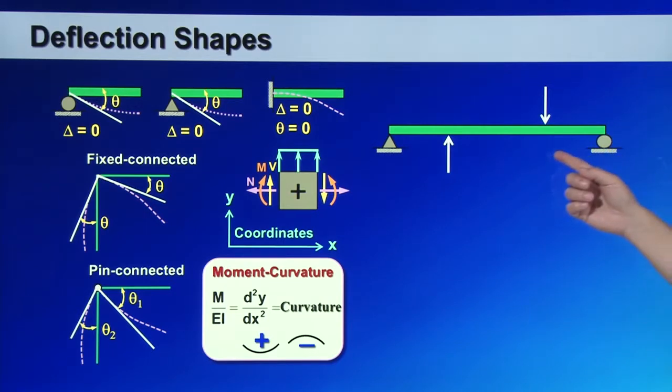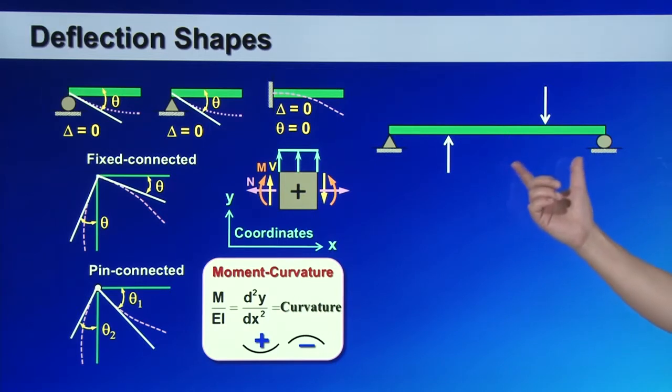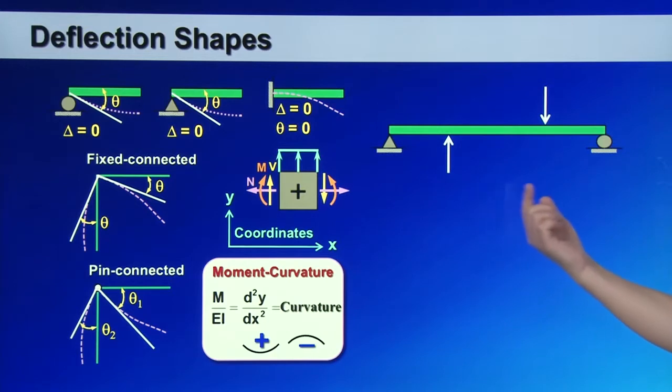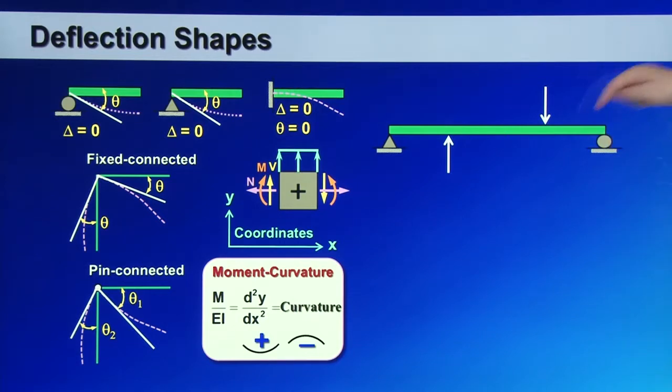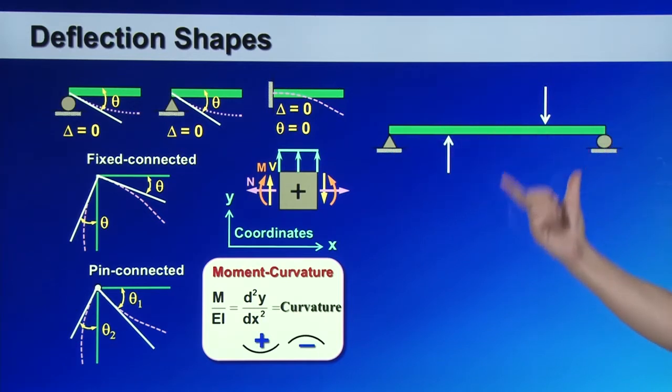This beam is acted on by two loadings. One loading is acting at the left quarter upward. The other loading is acting on the right quarter downward. So the hinge and roller support prevent both sides from vertical movement.